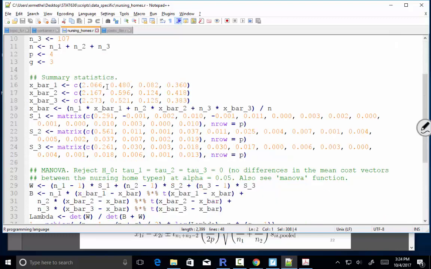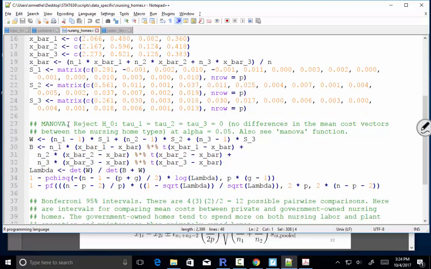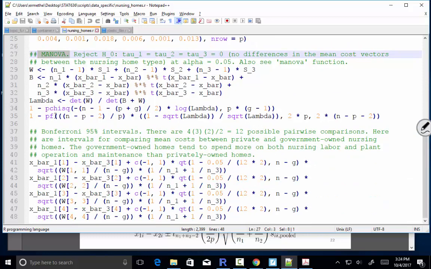Nursinghomes.R walks through MANOVA calculations. So basically, we're going to learn how to compute a p-value for testing: does the mean vector remain unchanged across the private, nonprofit, and government-owned nursing homes? Is there any difference in the mean vector between the 3 ownership types?